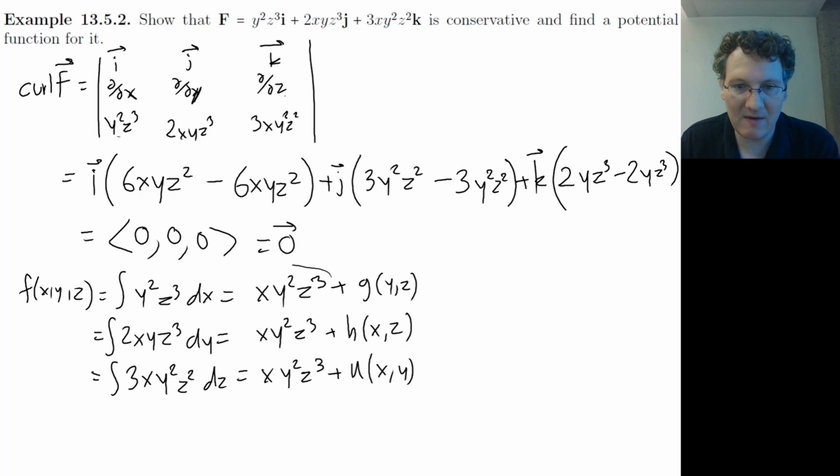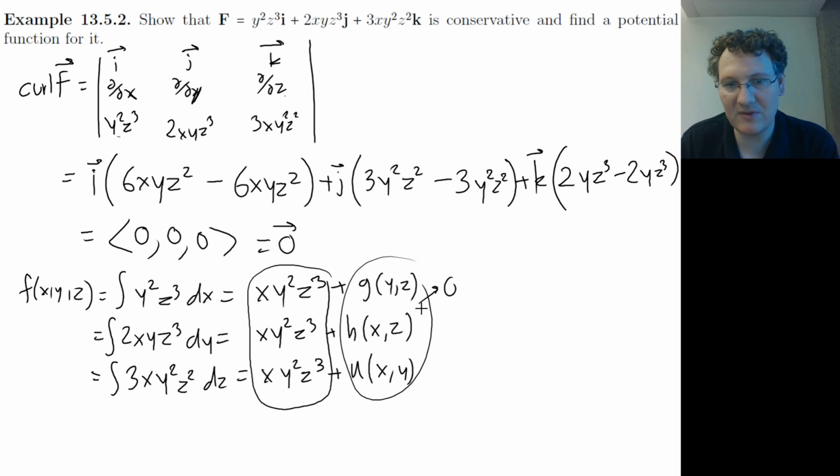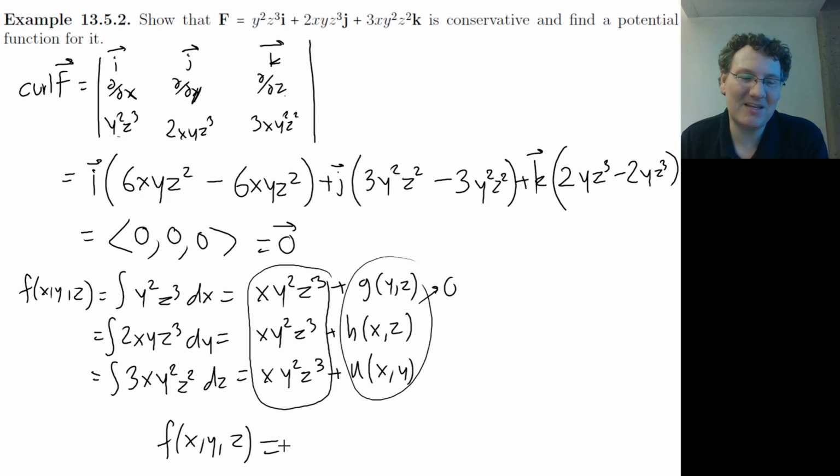We have these in common, and these can all be 0; the only thing they could be is some constant. So I'm going to let my f of x, y, z, the potential function, it could be any potential function, I can leave that constant term as 0. So it's just going to be xy squared z to the third. Bingo, we got it.